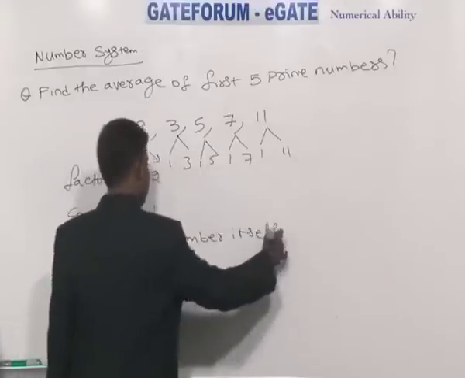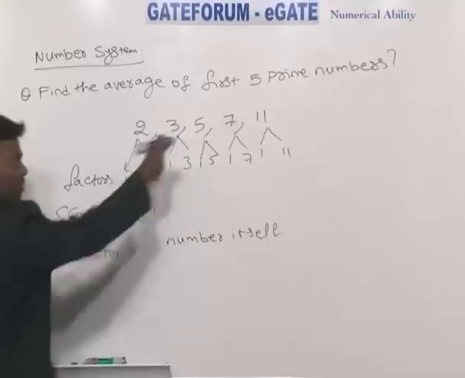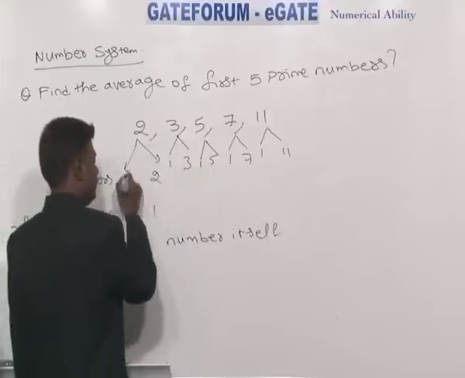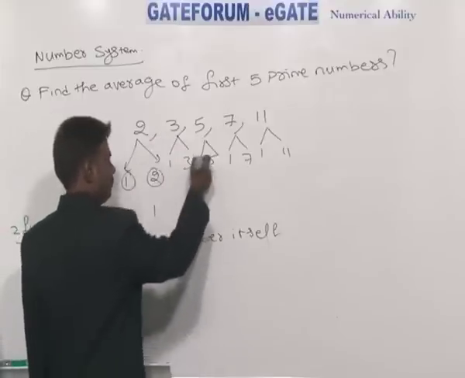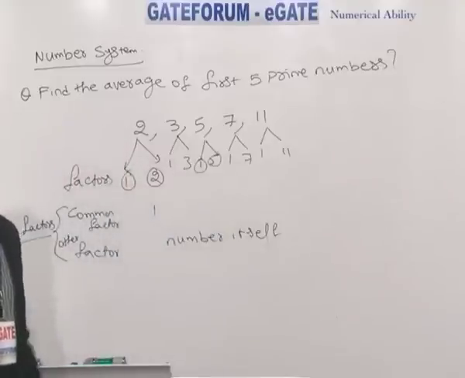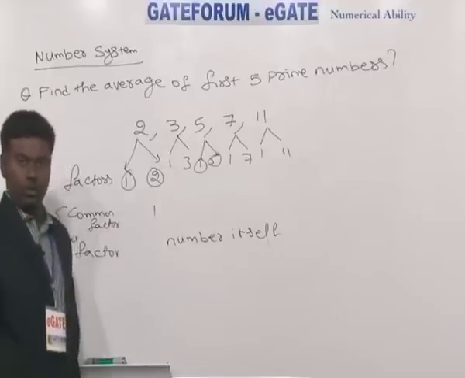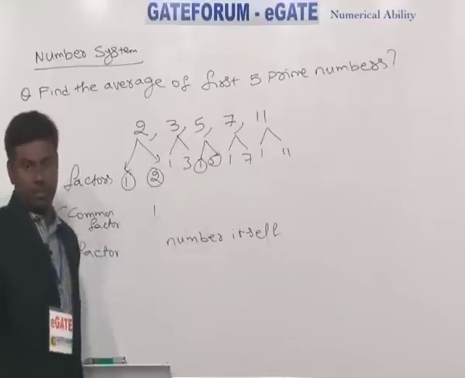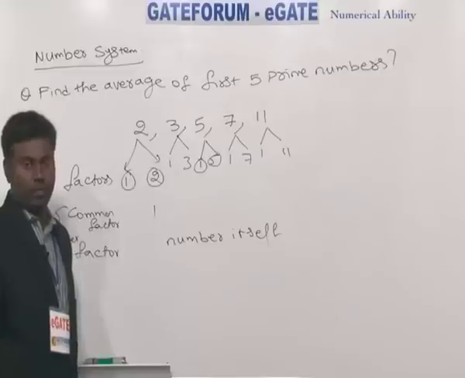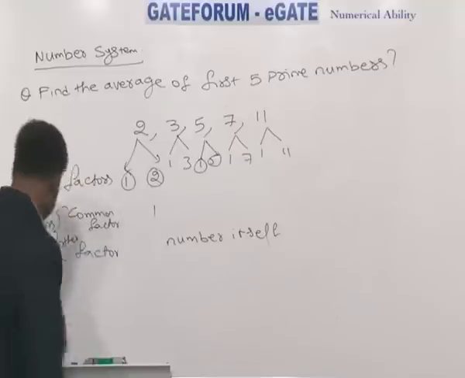So put together, 2 factors. All of these have 2 factors, right? So any prime number will have exactly 2 factors. One of them happens to be the universal factor 1 and the other happens to be the number itself. Okay.